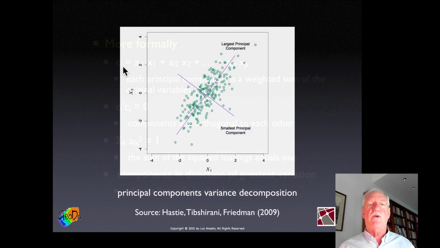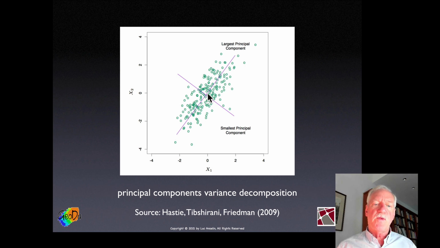It's easy to visualize this in 2 dimensions, but as I said, that's not really necessary in 2 dimensions. But let's say we have 2 variables. This is the point cloud in 2 dimensions. So rather than going vertical, horizontal, we fit the line so that it explains the maximum variance, so in the direction of the largest variability.